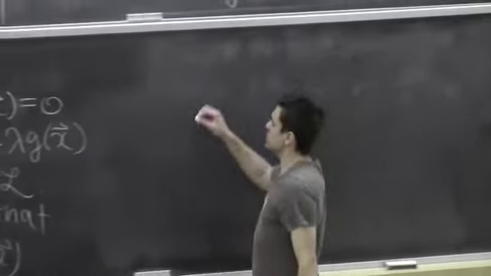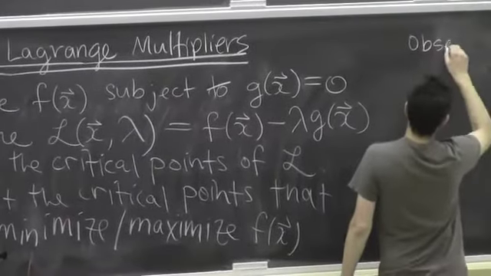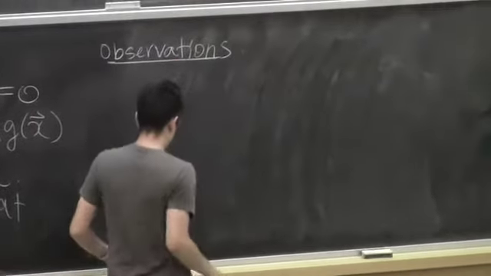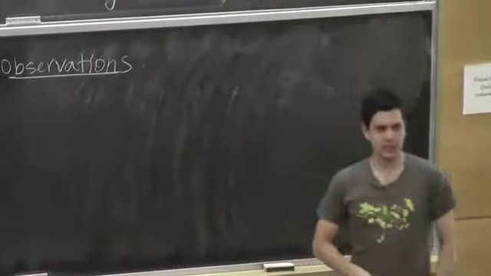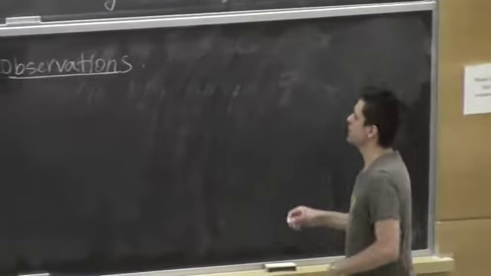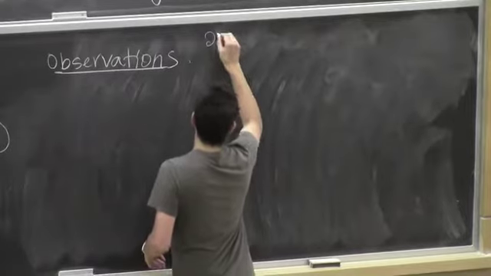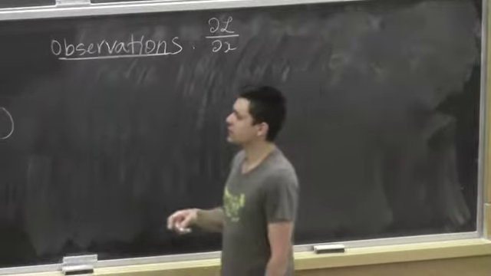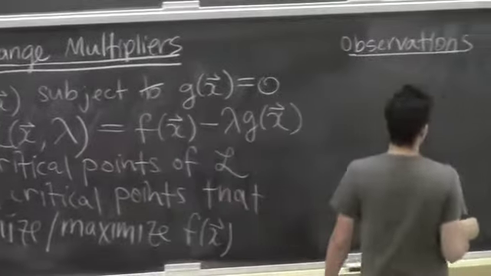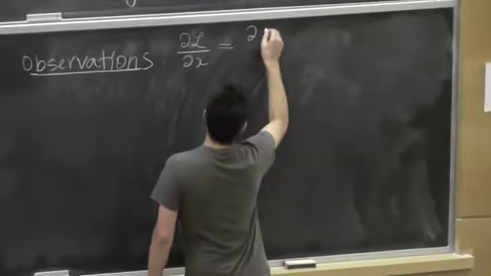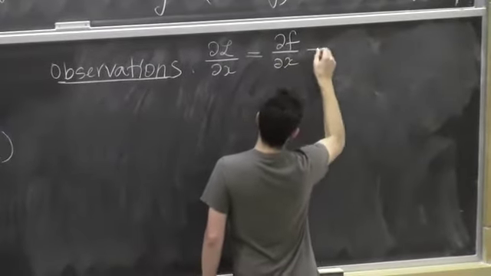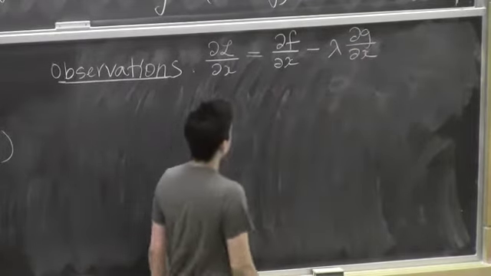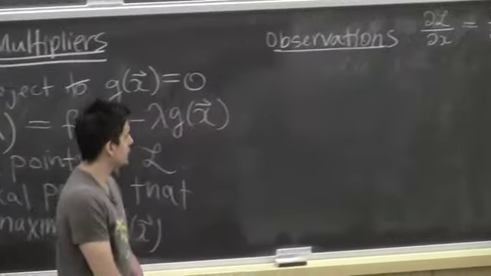So there's a couple observations I want to make. The first is to get these gradients back. So if we're taking the derivative of this guy in terms of x, we're going to get the derivatives in terms of x of the other guys.